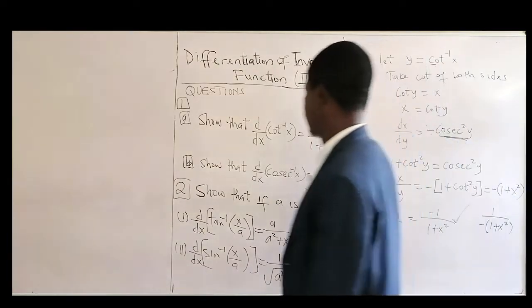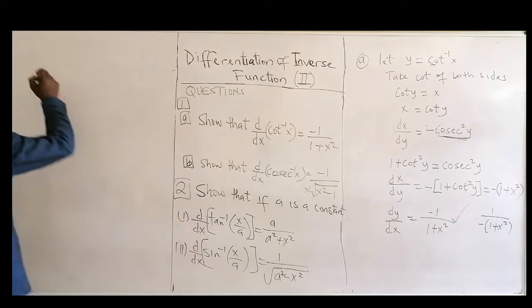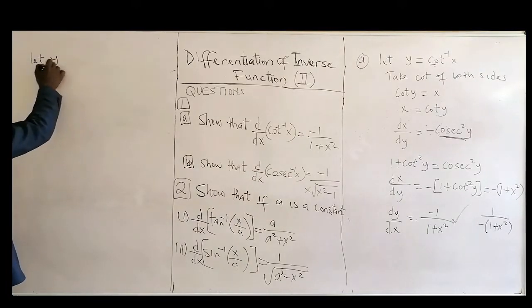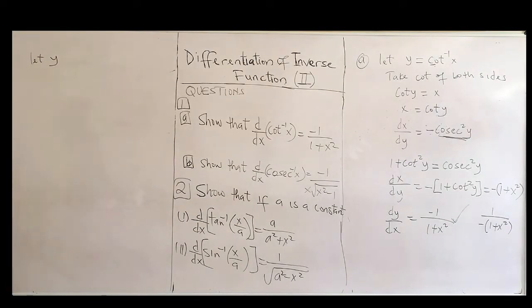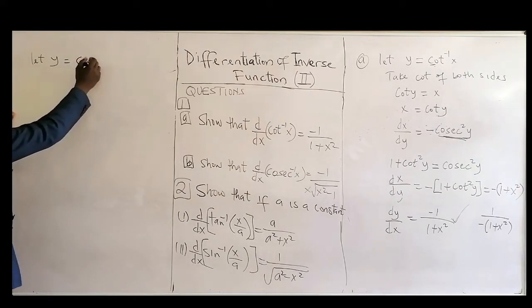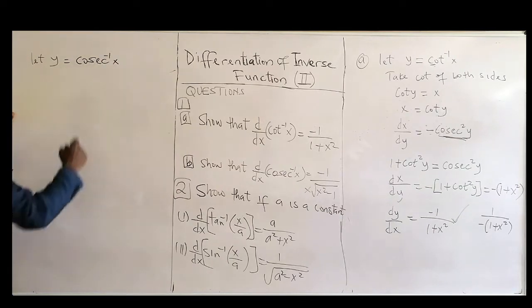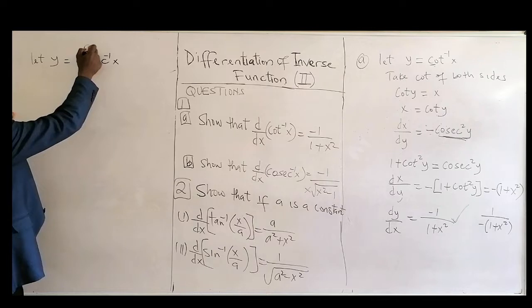Let's go to B part. Do likewise. Call this one y. Let y be equal to inverse cosec x, which some people call CSC.